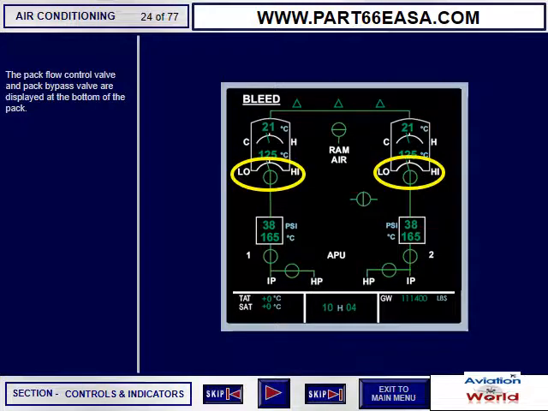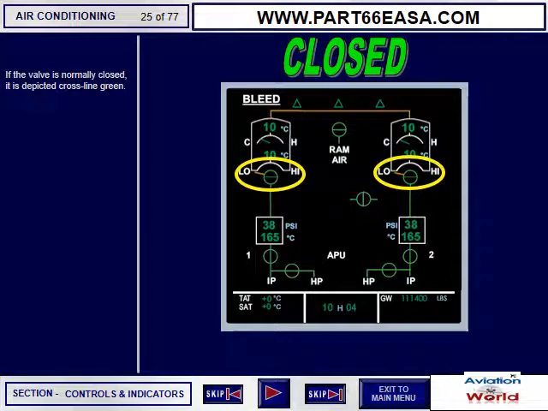The pack flow control valve and pack bypass valve are displayed at the bottom of the pack. If the valve is normally closed, it is depicted cross-line green.